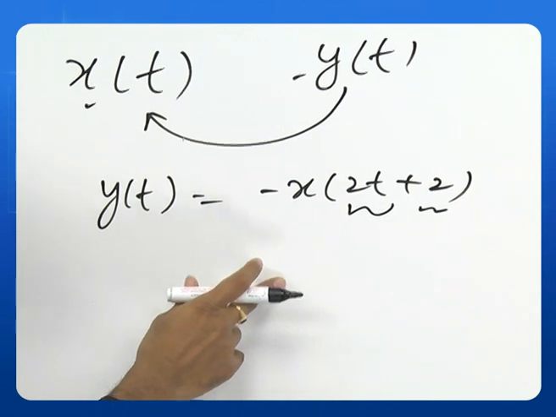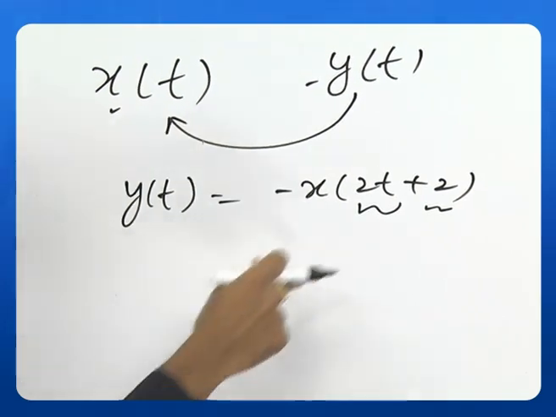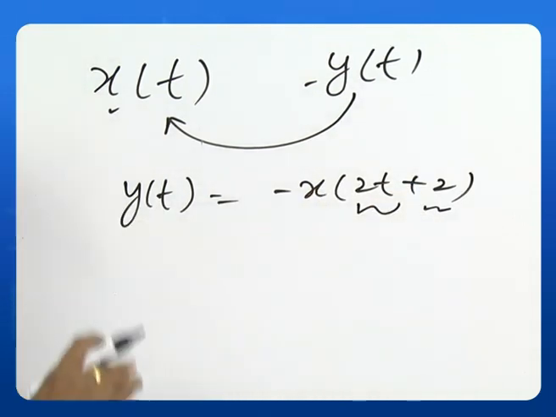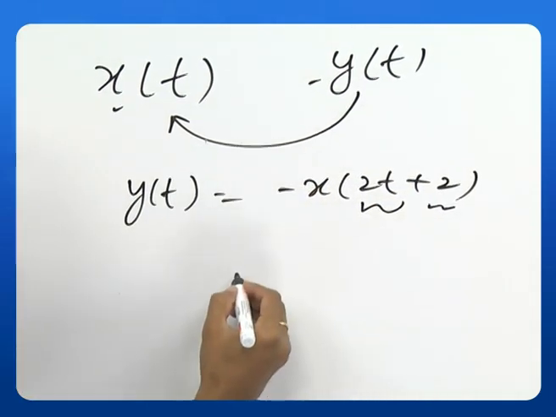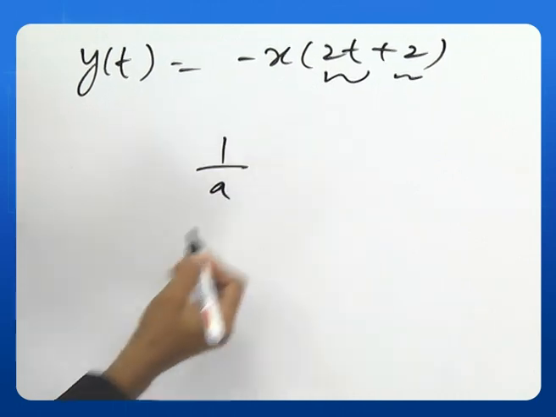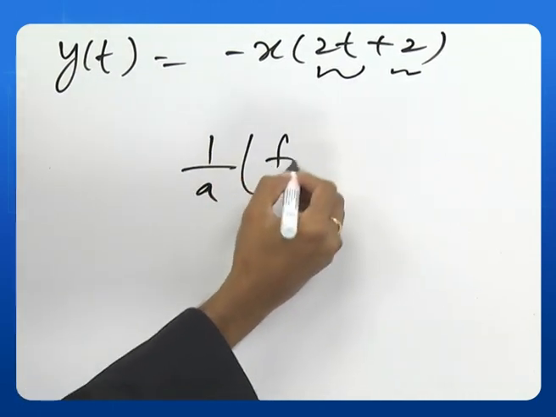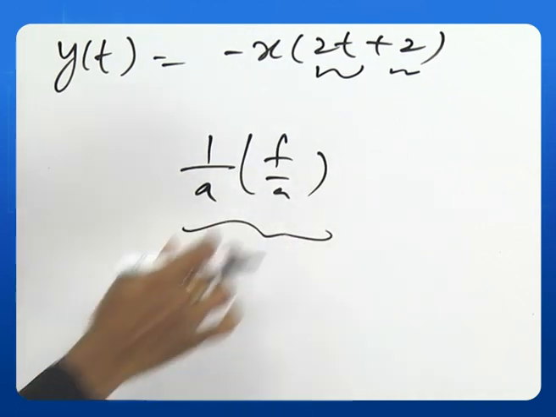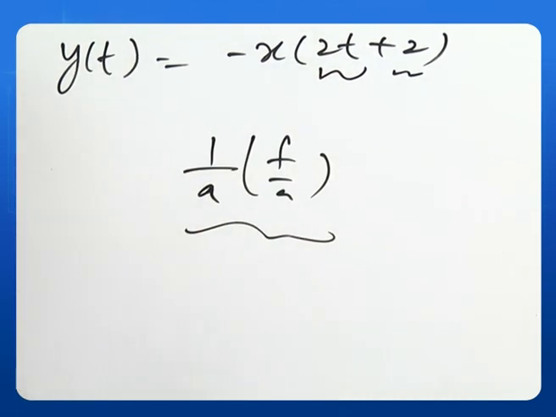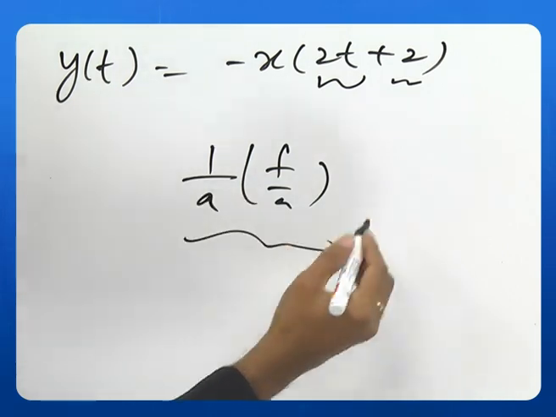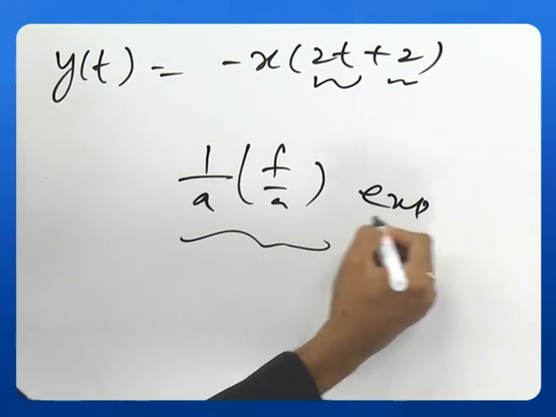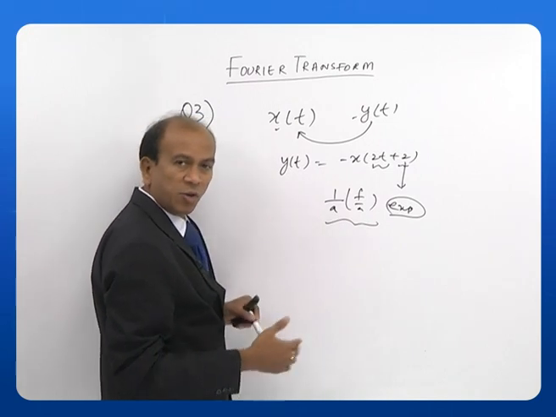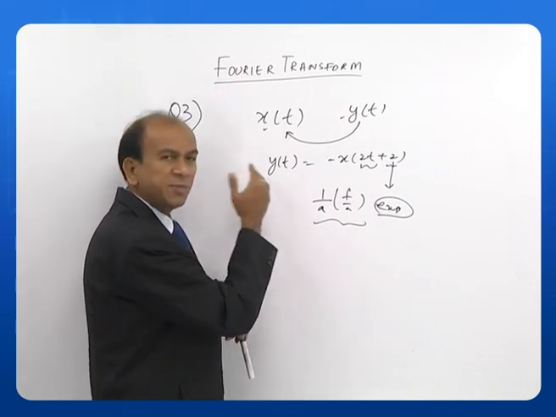We are using both the time scaling and time shifting properties. Time scaling indicates the presence of a scaling factor, 1 by a, and the frequency also gets divided by that factor a. Because of the time shifting property, there will be an exponential term involved. Looking at these two, the answer is B.